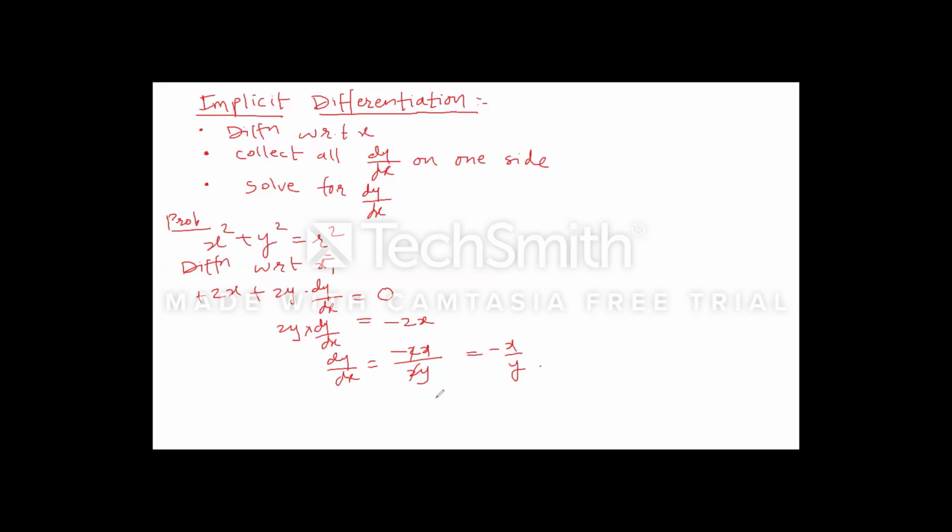We will solve one more example of implicit differentiation. x raised to 5 plus xy cube plus x square y plus y raised to 4 equals 4. This is an implicit function and you have to find dy by dx.